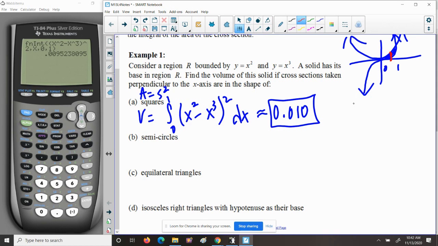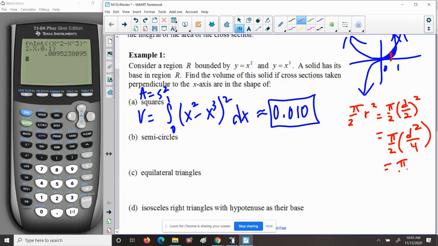We know that the area of a semicircle is pi over 2 times r squared. Well, the radius is the diameter divided by 2, right? So if we square this, we have the diameter squared over 4. So this becomes pi over 8 times the diameter squared.